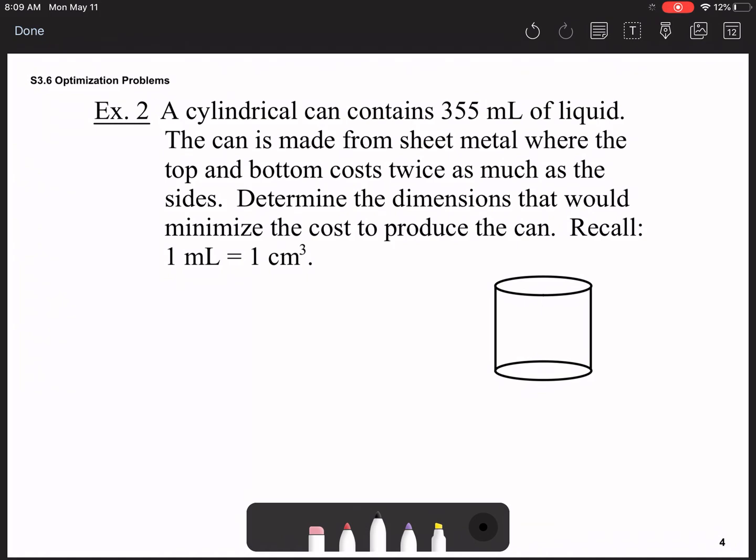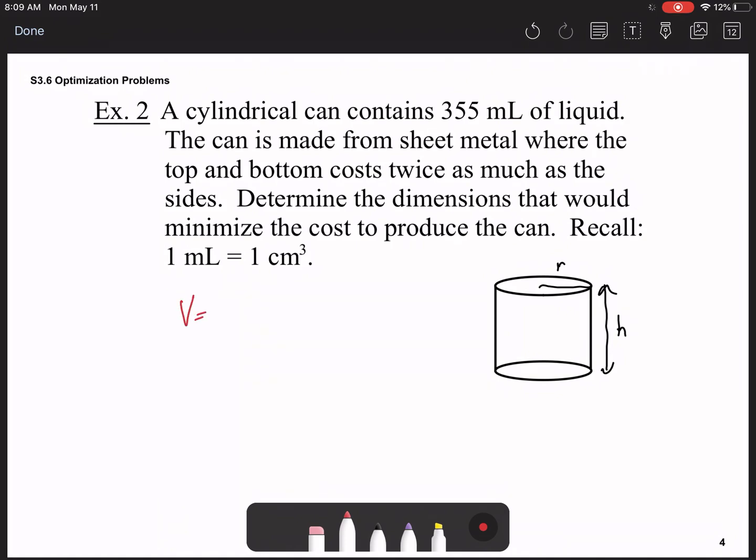Well, cylinders, as we remember, one of the key parts of it is radius and height. Now, if you remember, there are two formulas that go along with this.